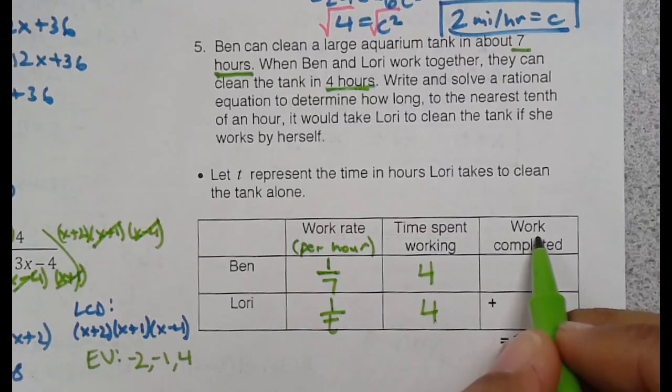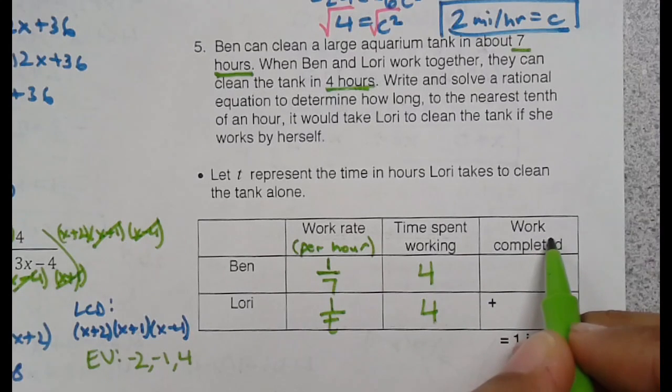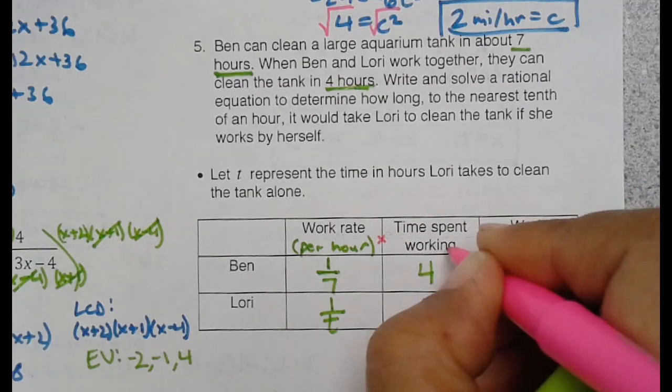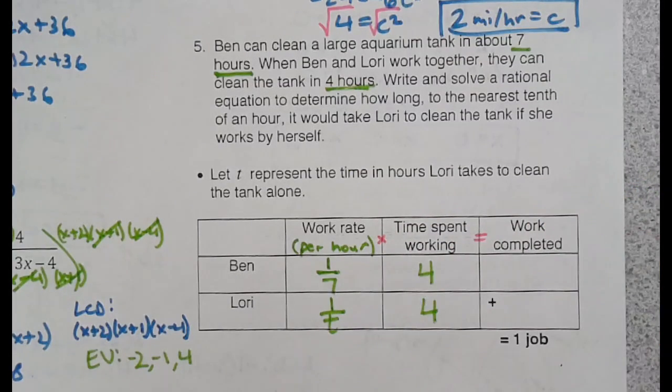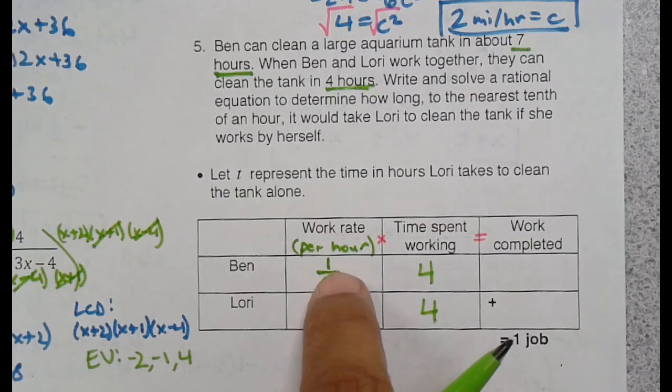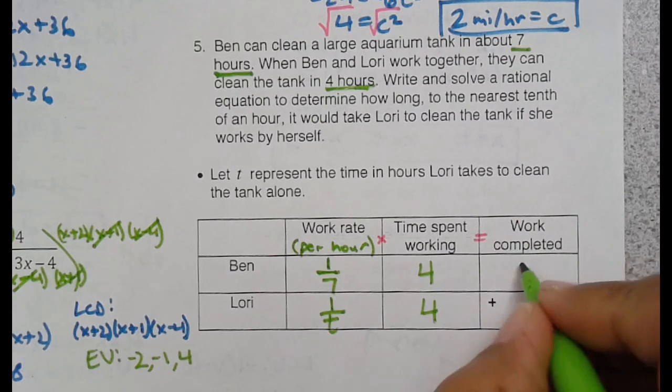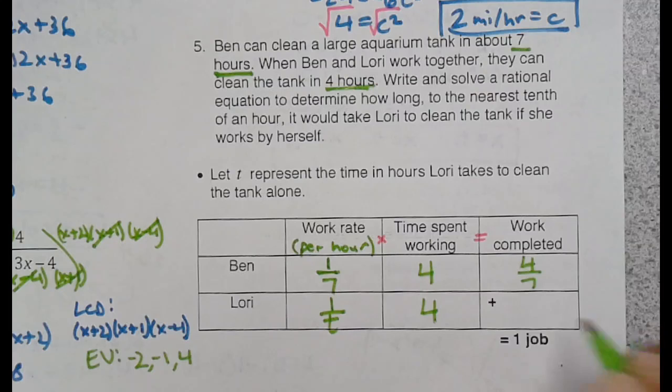And then to find how much work is completed, you're multiplying. The work rate times however much time they spend is going to equal how much work they completed. So if Ben can do 1/7 of the job in 1 hour and he spends 4 hours, he can do 4/7 of the job in those 4 hours.